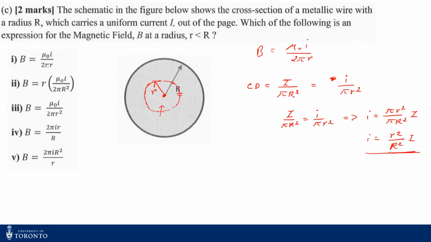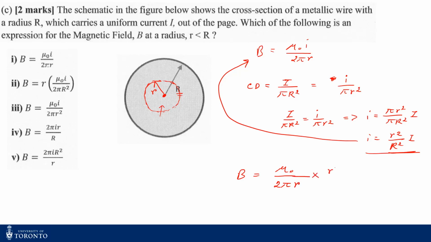Now you just have to plug this value into your original equation. So what's my magnetic field equation for a portion of the current encompassed by an area with smaller radius r? It's mu naught over 2 pi r, times the current.